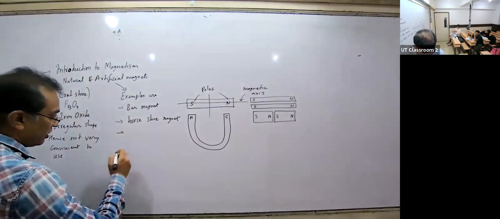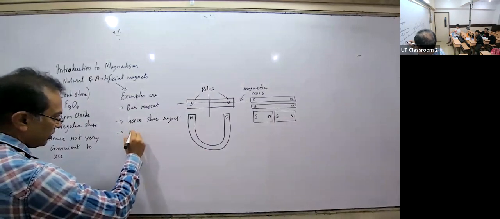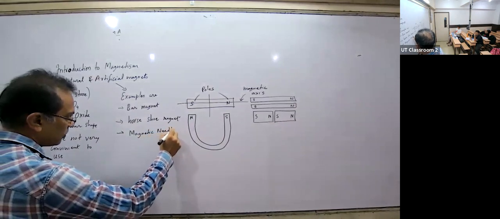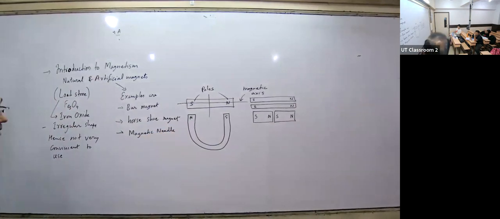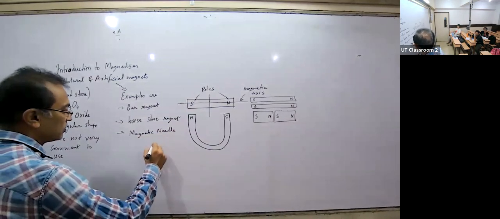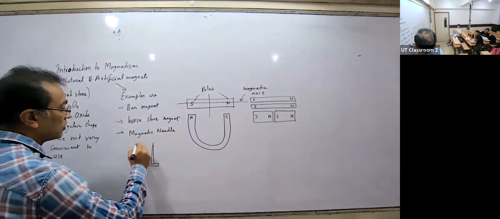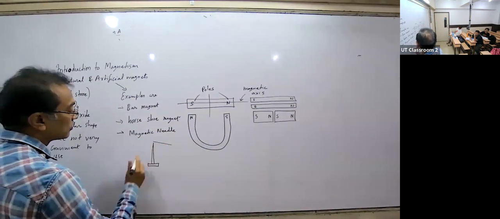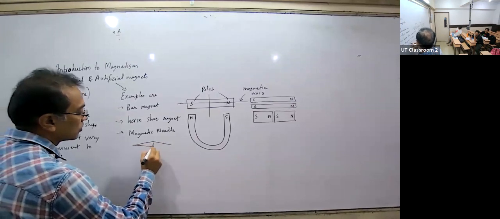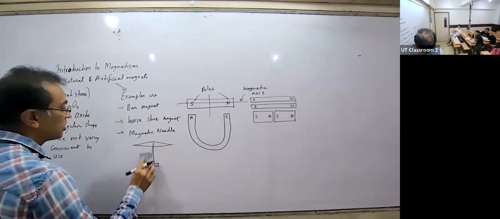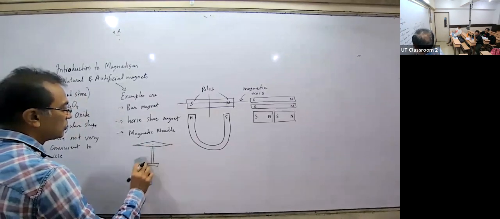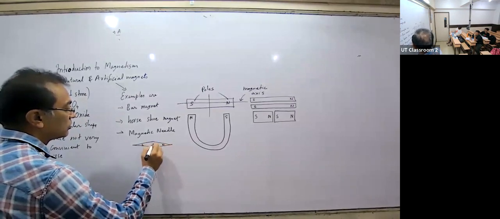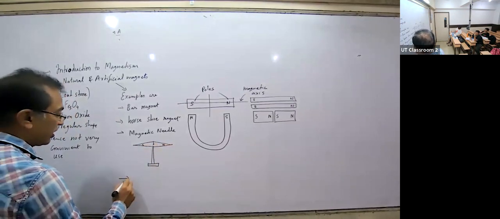Then what are the other artificial magnets? You have magnetic needle. How is magnetic needle? So it is balanced on some pivot like this. Okay, so it is balanced on some support. And then you also have magnetic compass.